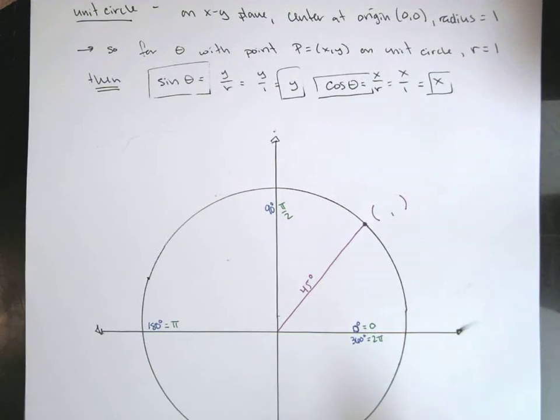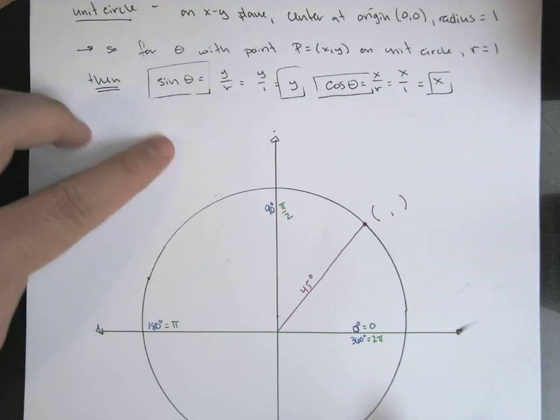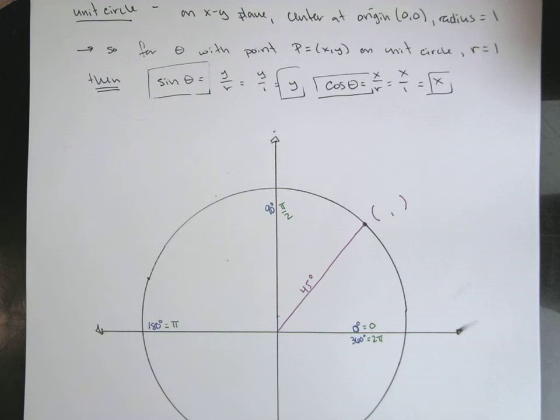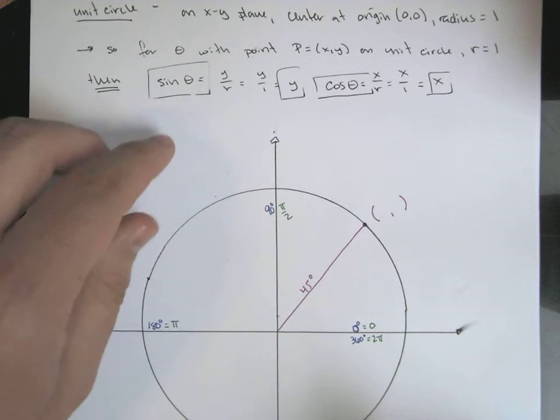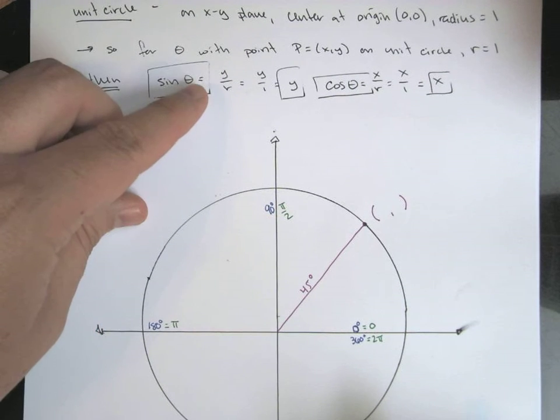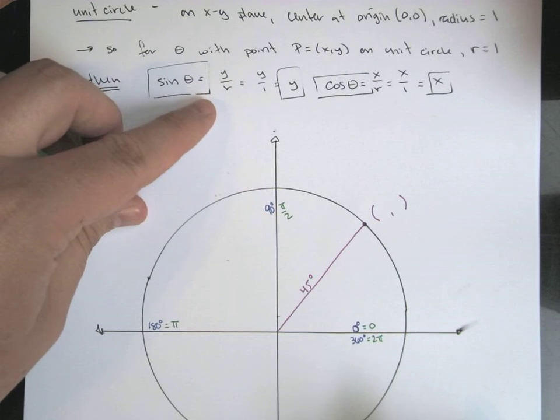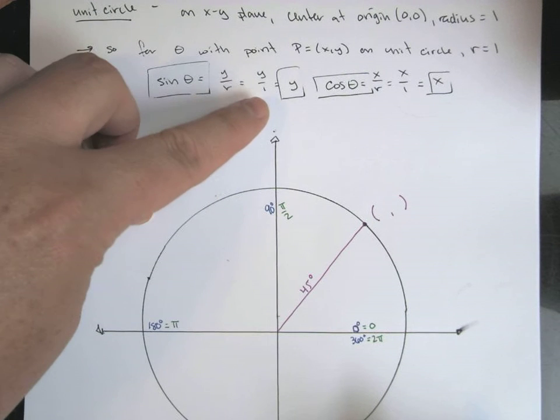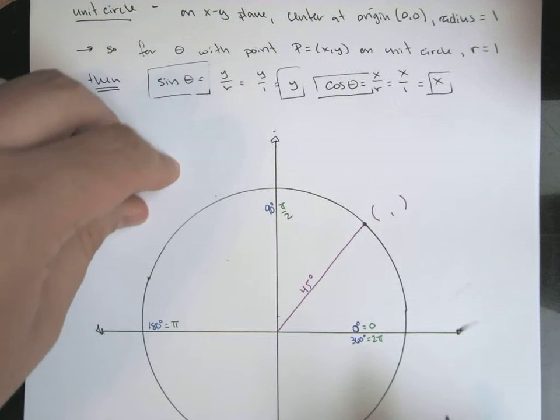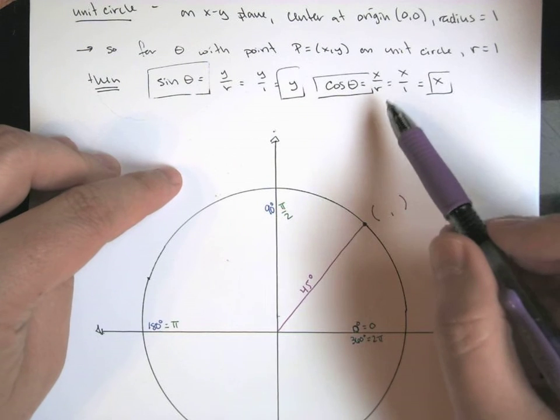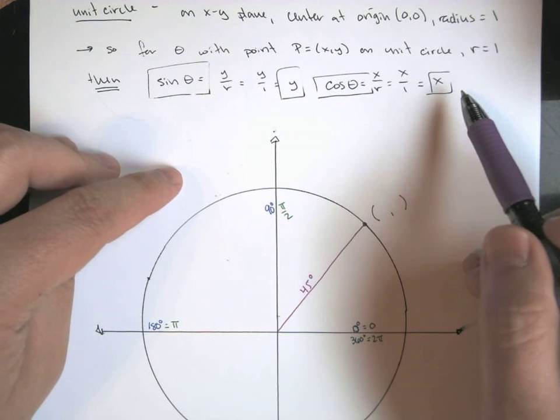And what that does is simplify my life with respect to finding trig values, in particular sine and cosine. The sine of theta is the y value at the coordinate divided by the radius. If the radius is 1, y over 1 is just the y value. Cosine is x over the radius. If the radius is 1, x over 1 is x.